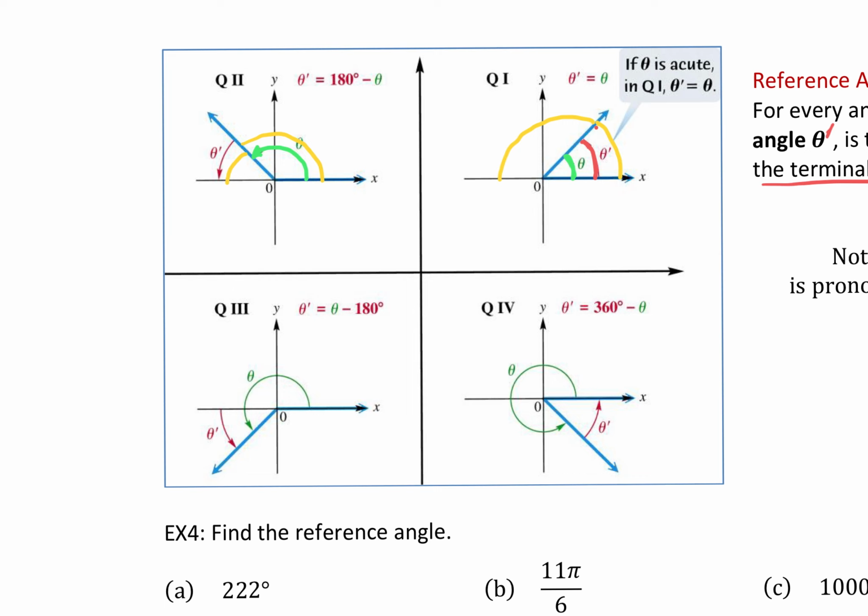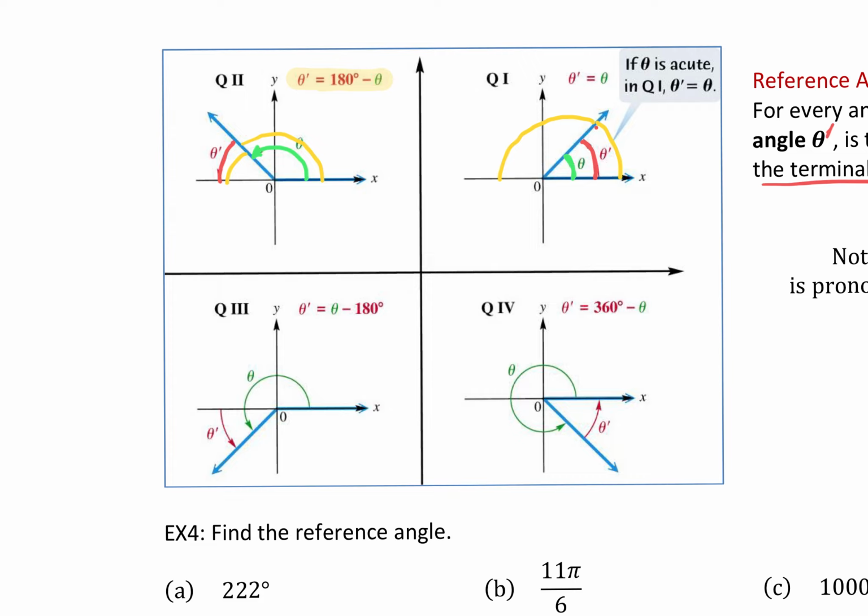I have these two angle measurements to choose from. I always choose the smallest, which means my reference angle is going to be that smallest distance to the x-axis, landing on the negative side of the x-axis. To compute that reference angle, there's a little formula. In quadrant 2, your reference angle theta prime is going to be 180 degrees minus theta, what's left over.